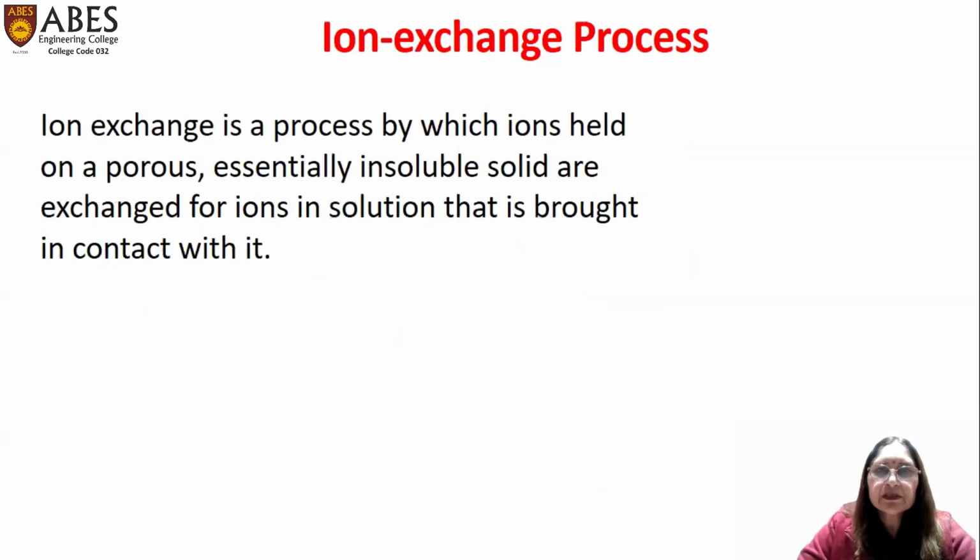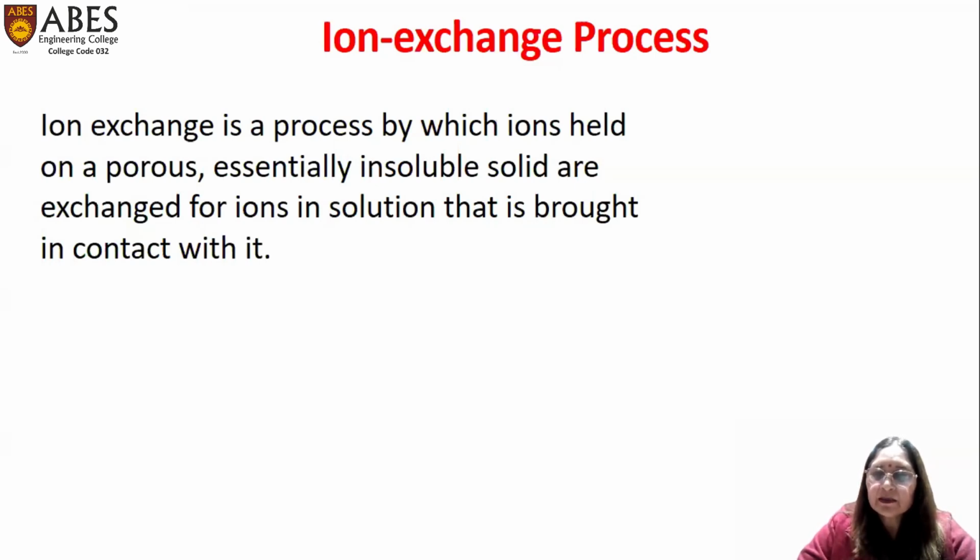Firstly, I'm going to discuss the ion exchange process. It is also called the deionization or demineralization process. What is the ion exchange process? In this process, both cations and anions are removed from the hard water.